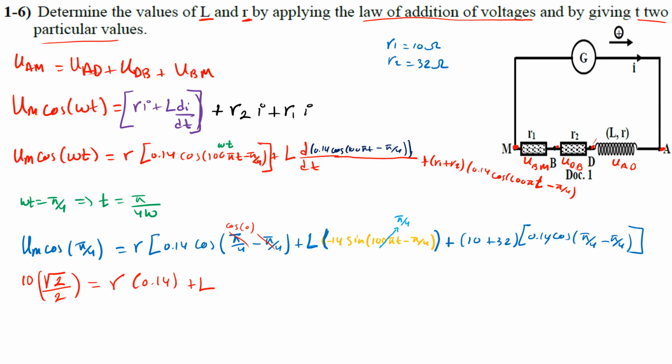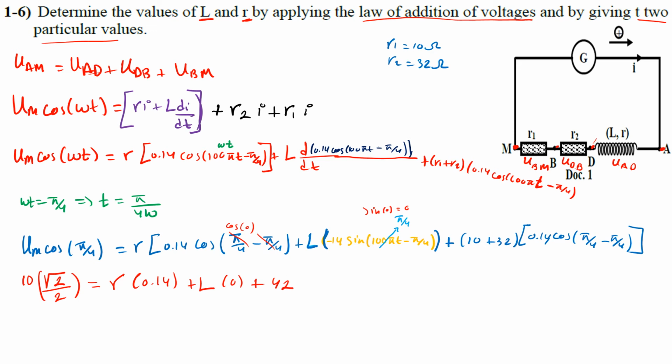Now, we have sine pi over 4 minus pi over 4, so it's sine of 0, which is equal to 0, then L into 0. Now, plus 10 plus 32 is 42, into 0.14 cosine pi over 4 minus pi over 4.